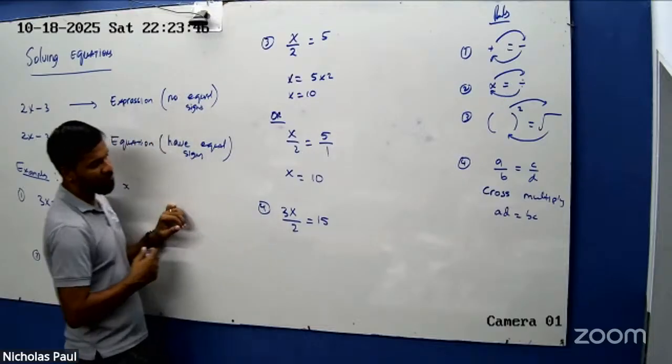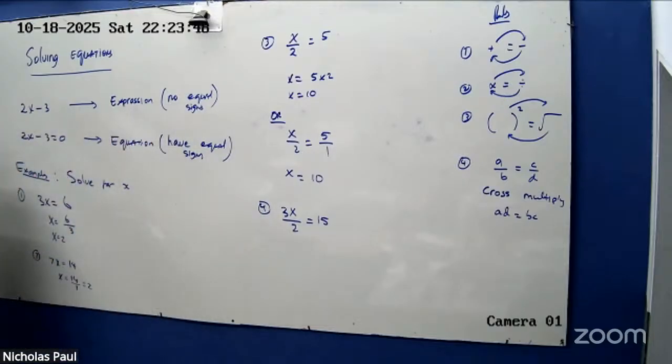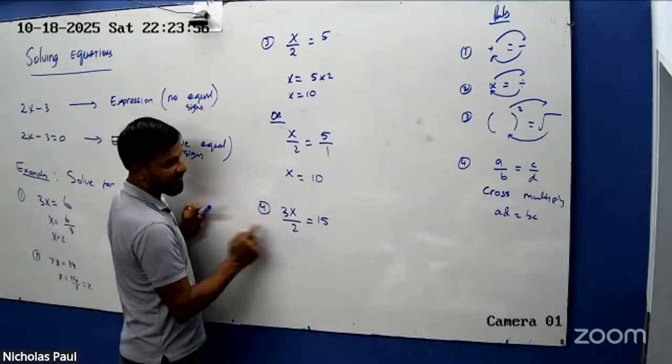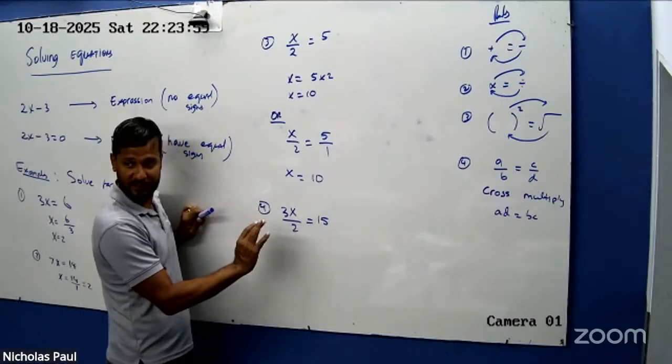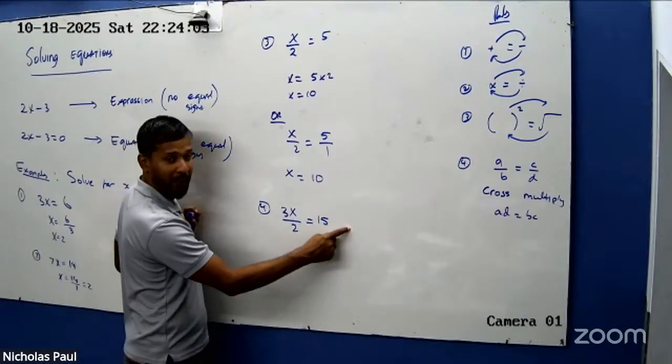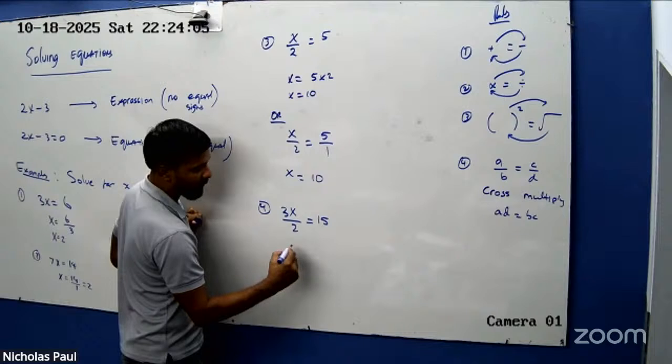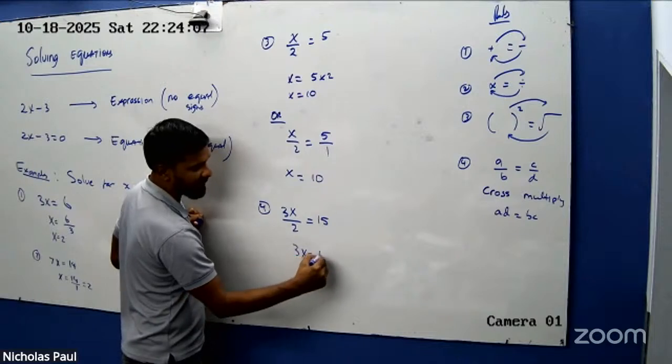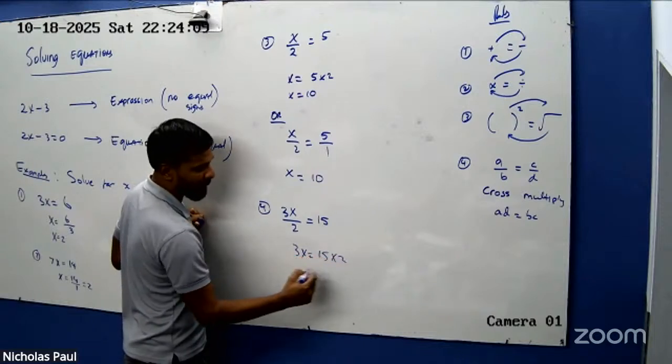Question: what do I get rid of first? Do I get rid of the 2 first or the 3? Right, 2. Because everything is divided by 2, so I get rid of the 2 first. Everybody okay with that? So divide becomes what? Multiply. So it becomes 3x is 15 multiplied by 2.